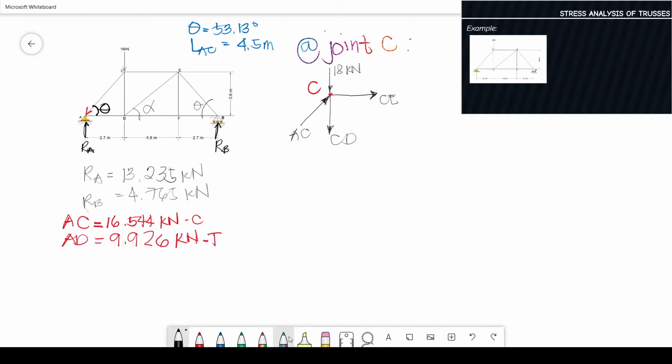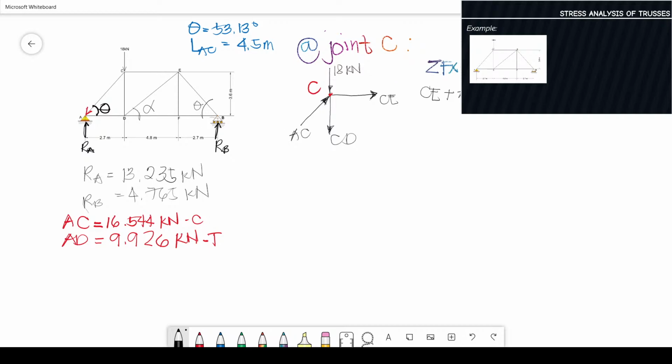Summation of Fx equals 0. CE is to the right, plus, following our assumption, CE plus AC times cosine theta, which is 2.7 over the hypotenuse.